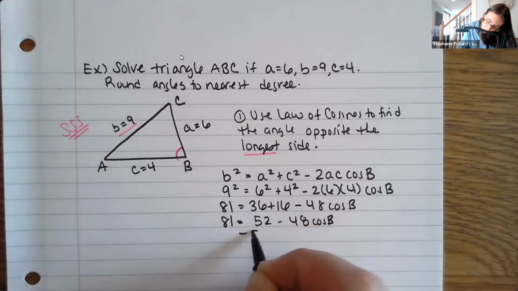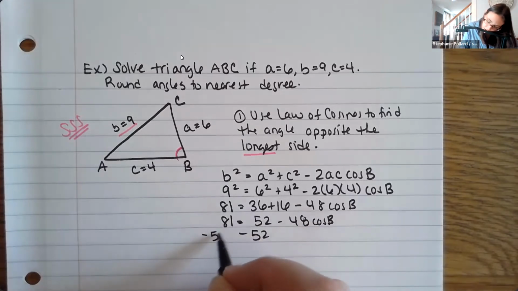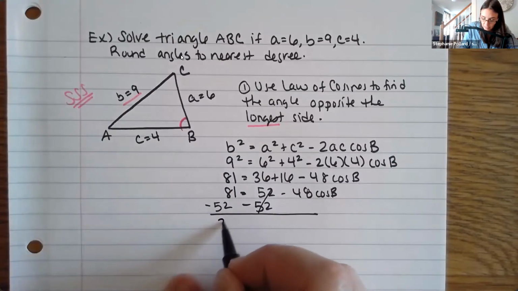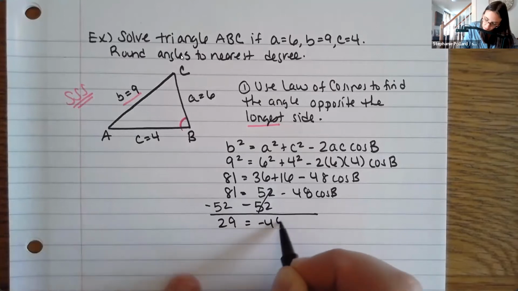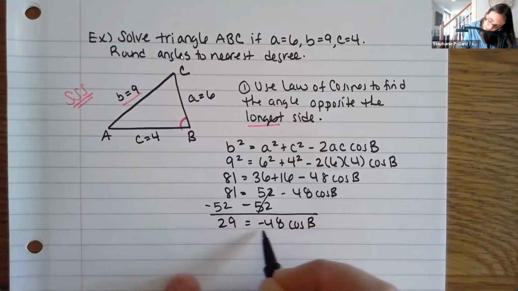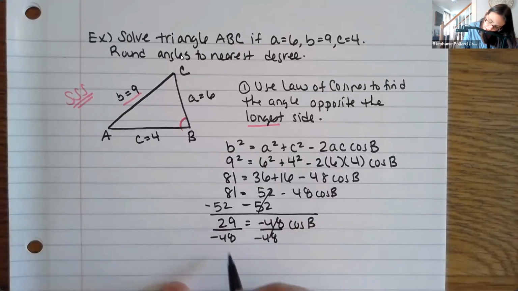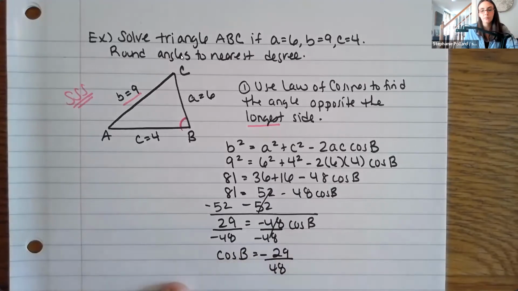I'm just solving for cosine B here because that's what I'm trying to figure out, my angle. So I subtract 52 from both sides, I get 29. And then I divide by negative 48 on both sides. So I have that cosine of B is equal to 29 over negative 48.